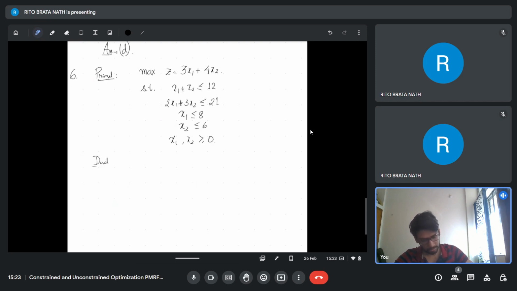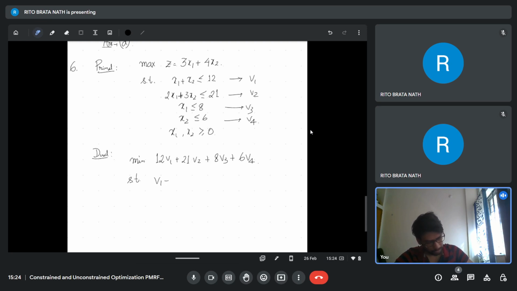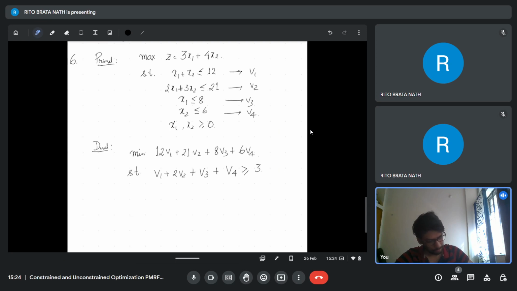Let's construct your dual. Let's have it as v1, v2, v3, v4. Everything is of less than or equal type, so that's not a problem. So the dual will be a min problem with 12v1 plus 21v2 plus 8v3 plus 6v4, subject to v1 plus 2v2 plus v3 greater than or equal to 3, and another one will be v1 plus 3v2 plus v4 greater than or equal to 4.